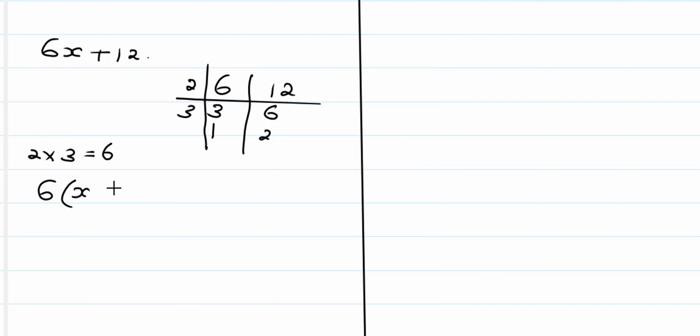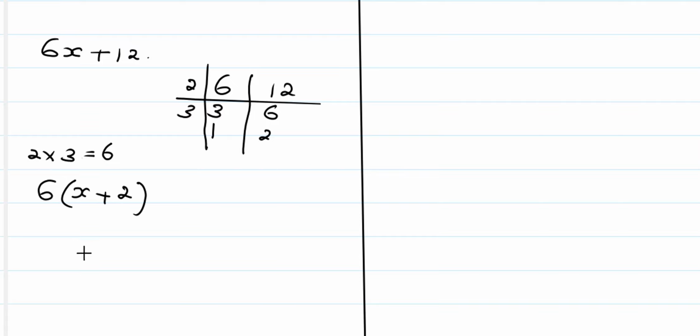Then plus, I ask myself which number I will multiply by 6 to get 12, and that number is 2. So 6 multiplied by 2 is 12. And that's how you factorize that question.